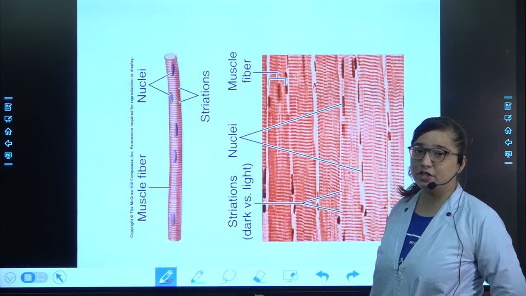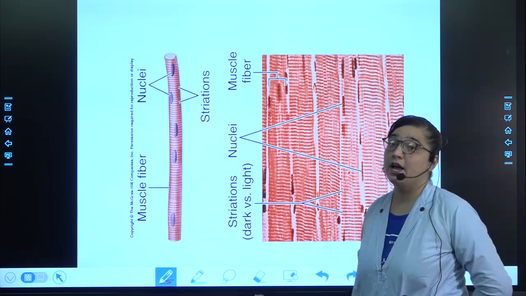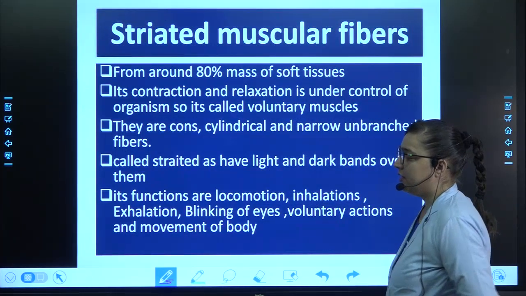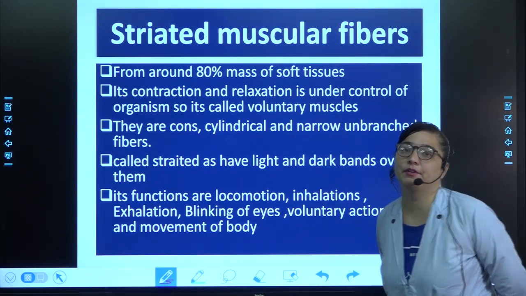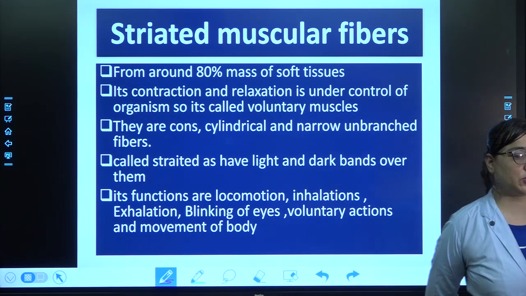Next, in this diagram, the light and dark patches are there, and the fibers are multinucleated. So these are important points about the striated muscular fiber. Note down all the 5 basic points of it.